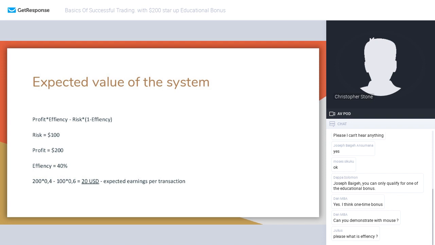Efficiency is a statistic. It tells how much of all our trades are profitable trades. So, for example, if half of your trades make you end on profits, so you are gaining every second trade, then your efficiency is 50%.